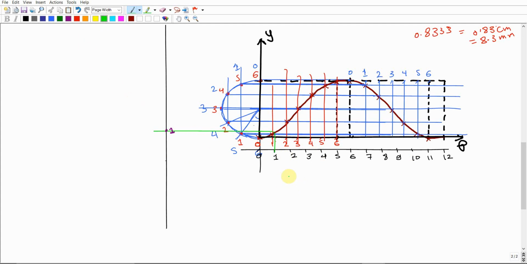So repeat again for the second mark, mark 2. I'm gonna go up, intersect with the curve at a point. Then from this point, you're just gonna draw a horizontal line going all the way till you hit this vertical line. This is gonna give us another mark. So this is gonna be mark 2. Make sense? And so on.